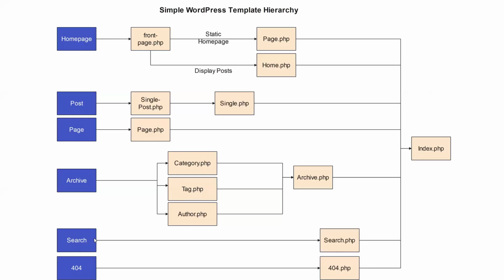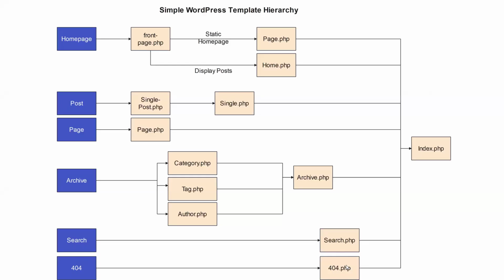The same applies to search. If there is no search template, WordPress will use an index page. Even the 404. 404 is an error page. When people search for pages on your website that are not there, they are supposed to have an error page come up. So there is a template normally we create called 404.php.